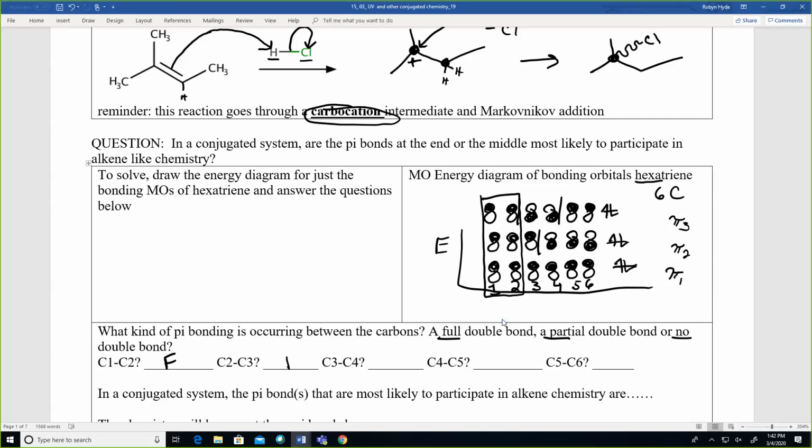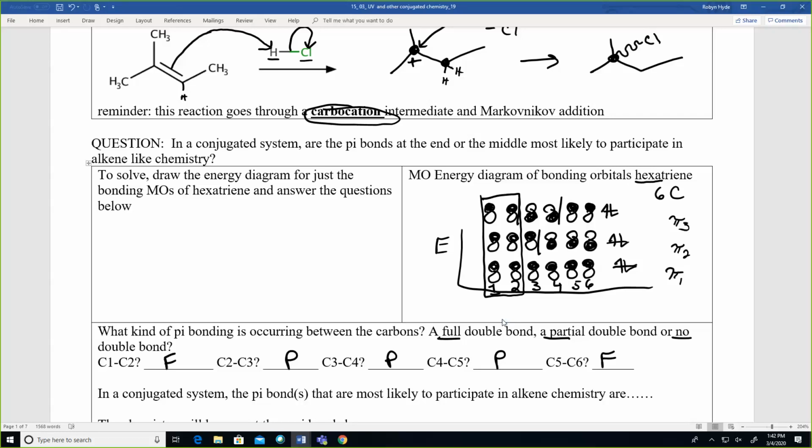Okay, carbon 3 to carbon 4, thoughts? Yep, because in one of the pictures, I have destructive orbital overlap with a node, so it's partial. Carbon 4 to carbon 5. Carbon 5 to carbon 6. Full.